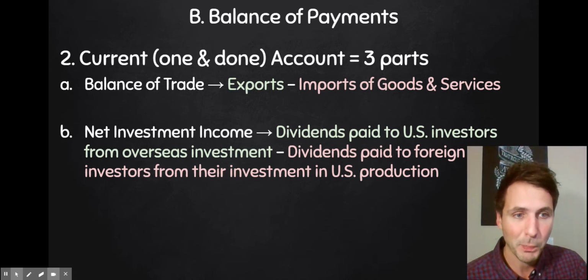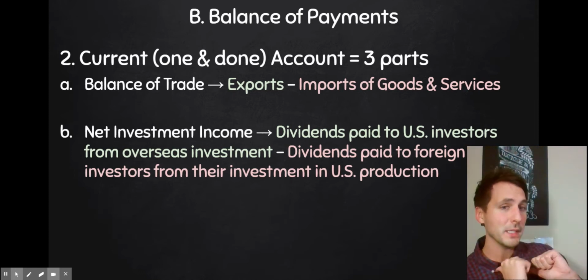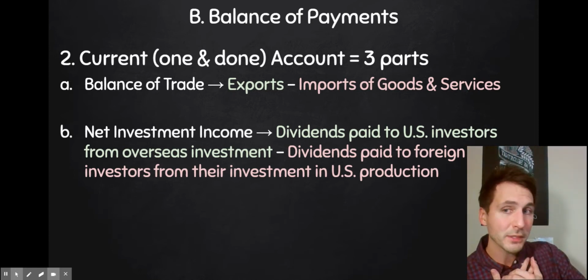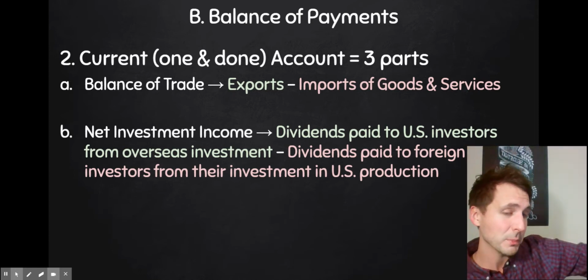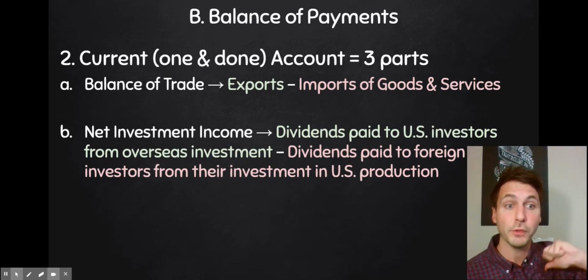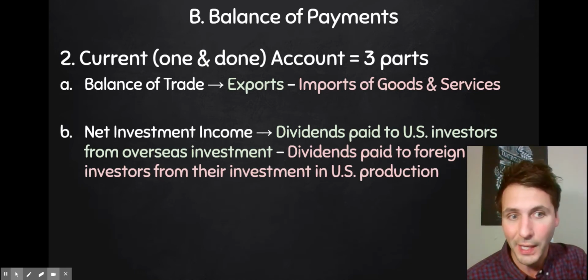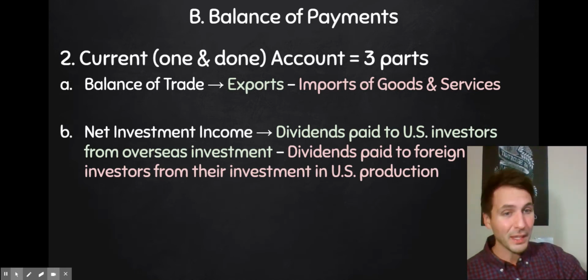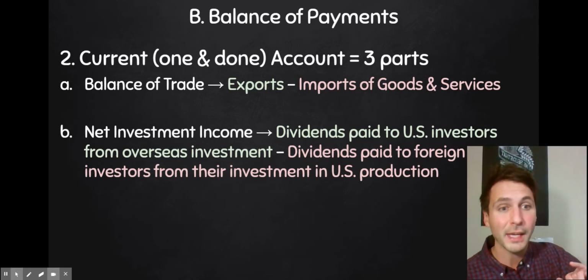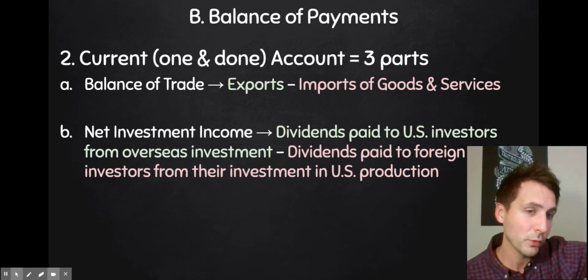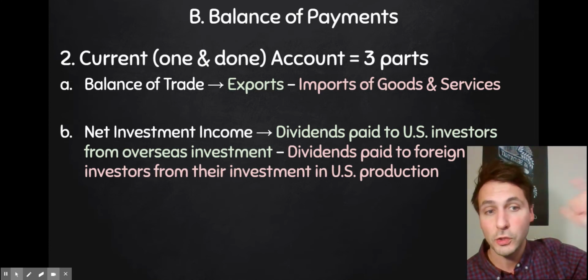When I get the profits from that factory, they pay them to me. So that's inflow. That's a US investor. I have an overseas investment. I make money off of that. That's going to be an inflow. That's going to be green, right? But when Japan owns a bowling alley here in the United States, when they get a profit margin from that, that's going to be outflow from the United States bowling alley to Japan.